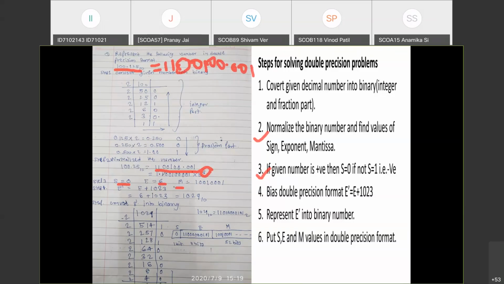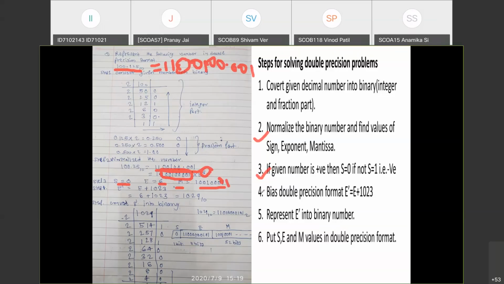The mantissa is the value after the fraction point, whatever data is there. Here I think I missed a 1 0, and then a 1 should be there. That will be the mantissa we need to represent.